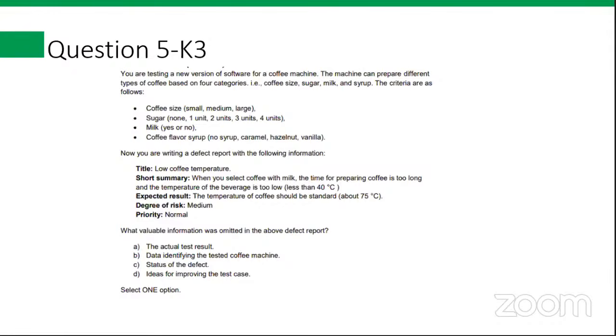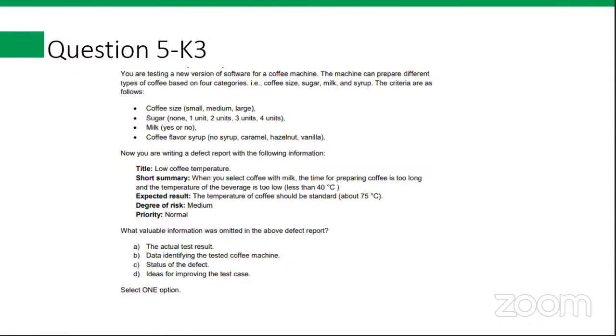But with this title, short summary, expected result, degree of risk, priority, etc., if the version is not given, what is the point in knowing what defect it is or what it is getting linked to? The very first thing that a defect report should contain is an identifier. That is, you need to identify the system for which the defect was raised.